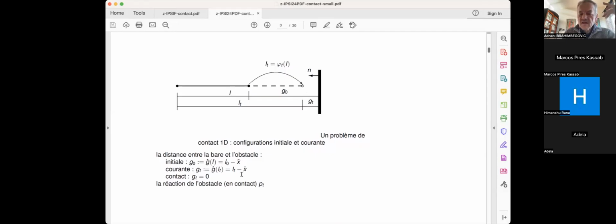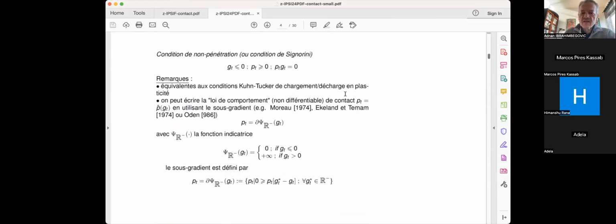You make sure that this g_t, the current gap, when you come into contact with the rigid obstacle, has to be equal to 0. That means you cannot go forward, and the traction you apply doesn't really matter. What really matters is the pressure that comes from the rigid obstacle, which is not letting the structure advance, even if you keep applying the loading. These are the types of things that we want to study in this case.